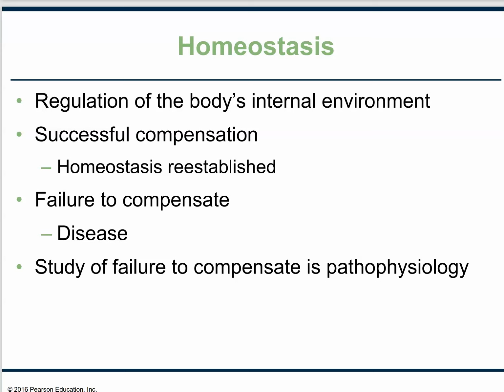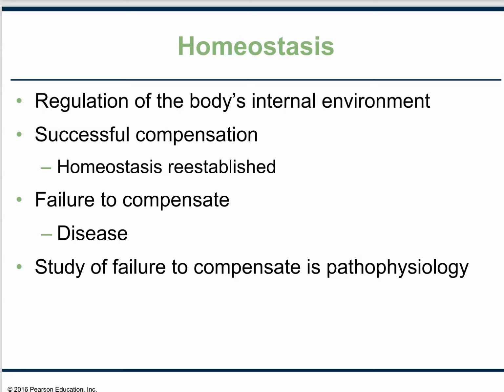Sometimes the range is very narrow, and it's very carefully monitored. For example, CO2 levels in your body fluids are very carefully monitored. Other ranges are fairly broad, like blood glucose levels. They can go in a fairly broad range, somewhere between 60 to 120 milligrams per deciliter.